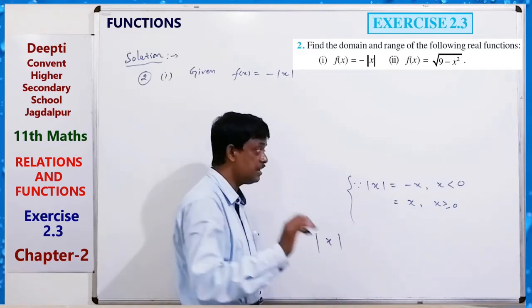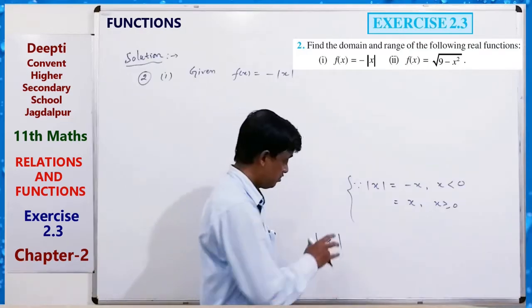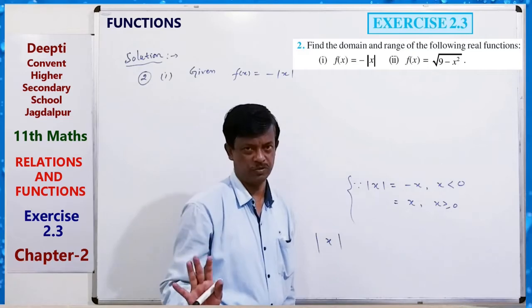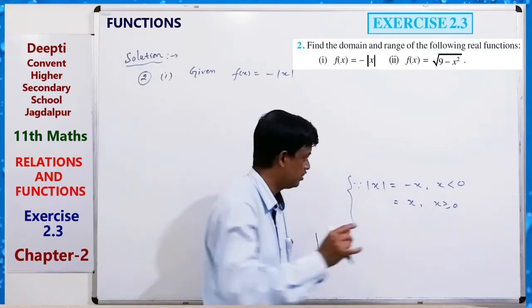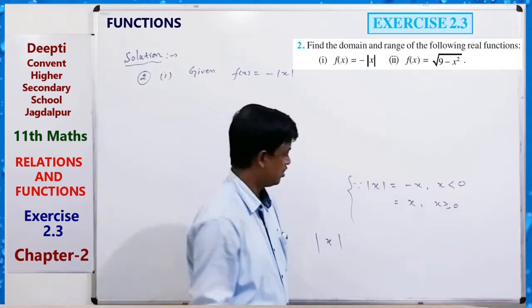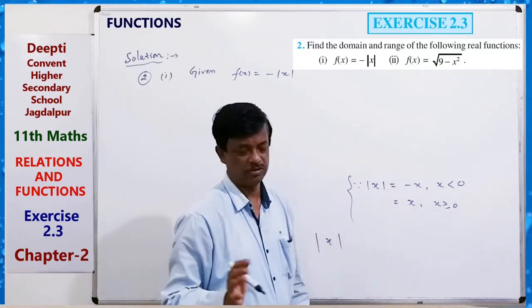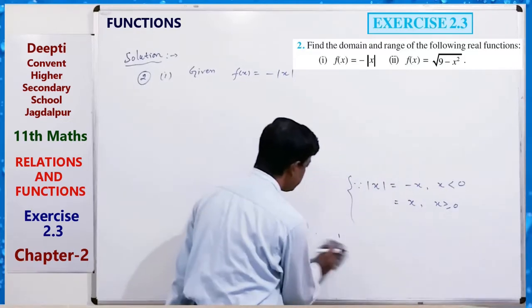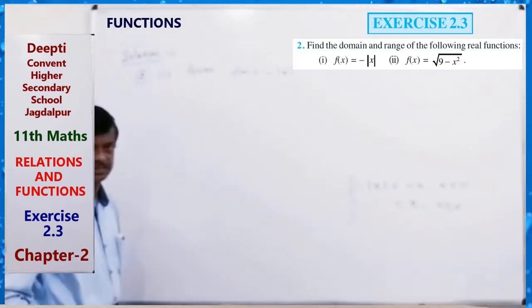If x is a negative value, then its modulus always gives a positive value. So if x is negative, then negative of negative is positive, so minus x. Or if x is positive, then only x. If x is 0, then 0. So this is the definition of the modulus function. Just note it down, and now we can give the answer.